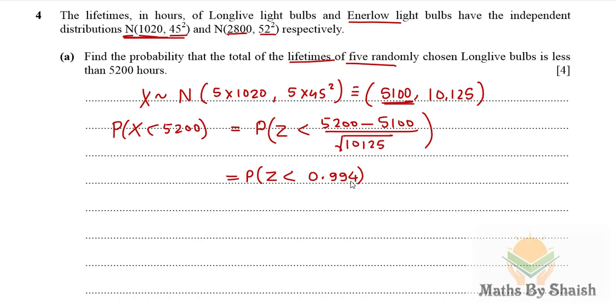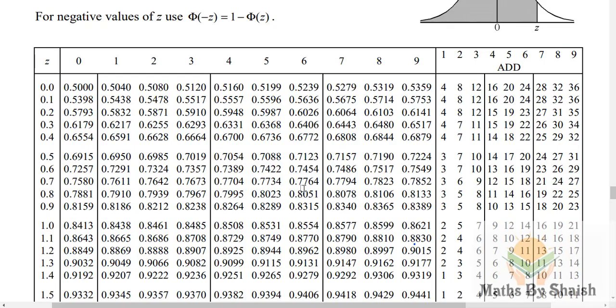So let's get this value from the distribution table. Here's the normal distribution table. We have the value 0.994, so first 0.9 here, then 9 here, and the last one is 4, which is here. Corresponding to 0.99 we got 0.8389, and corresponding to 4 we got 10, so we add it.